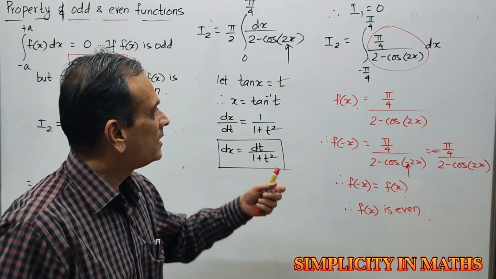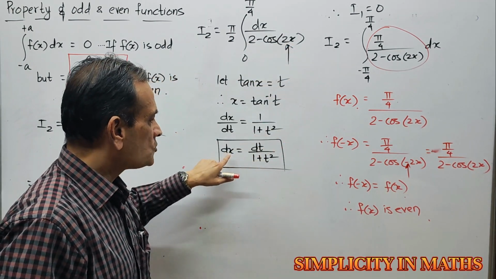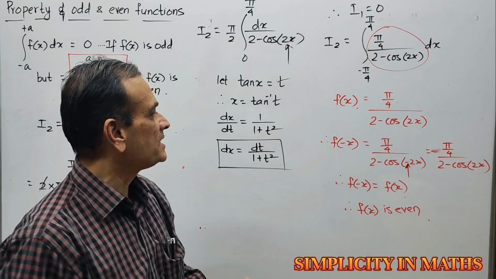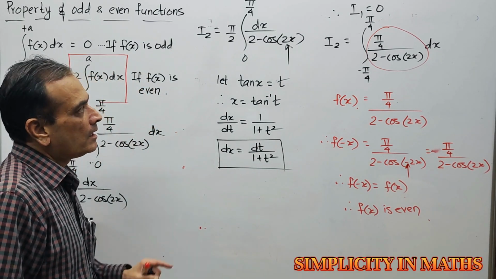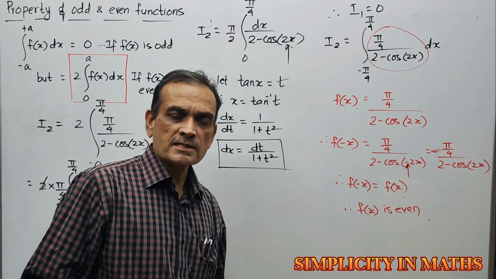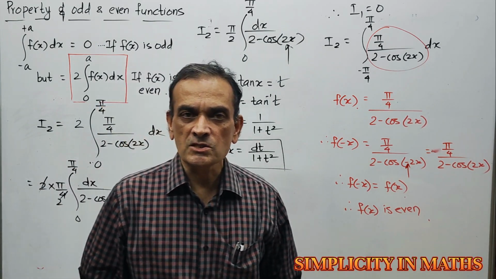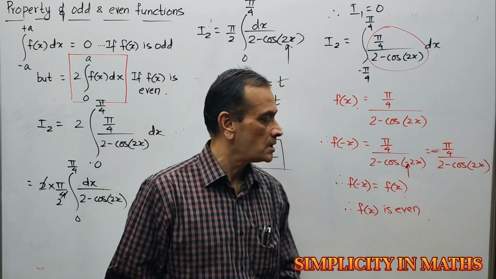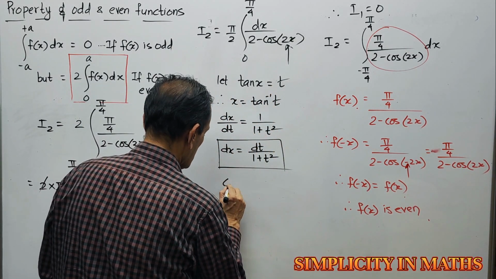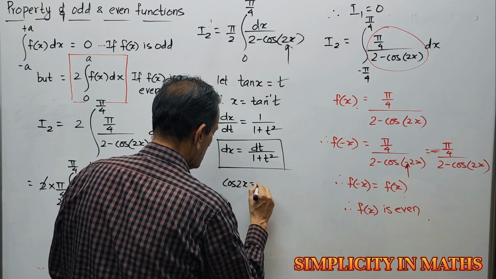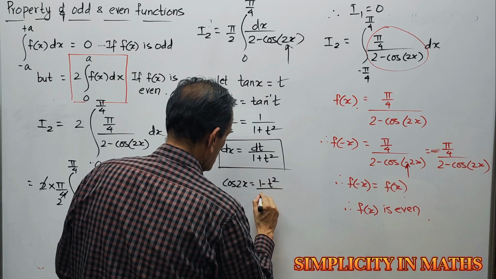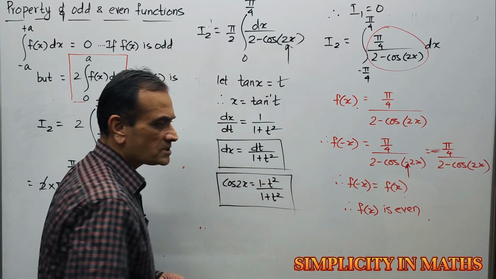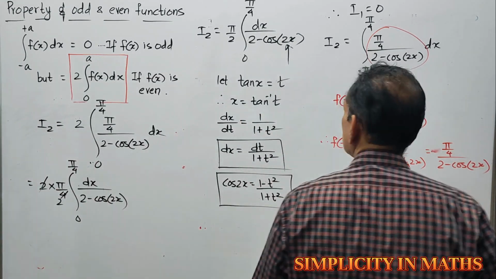In the other type, where x was present, we used to get dx is equal to 2 dt upon 1 plus t squared. Here we just get dt upon 1 plus t squared, right? बाकी फॉर्मूले सेम है. cos 2x के लिए 1 minus t squared upon 1 plus t squared, sin 2x के लिए 2t upon 1 plus t squared, same formula to be used. ये दोनों सब्स्टिट्यूशन हो गए.